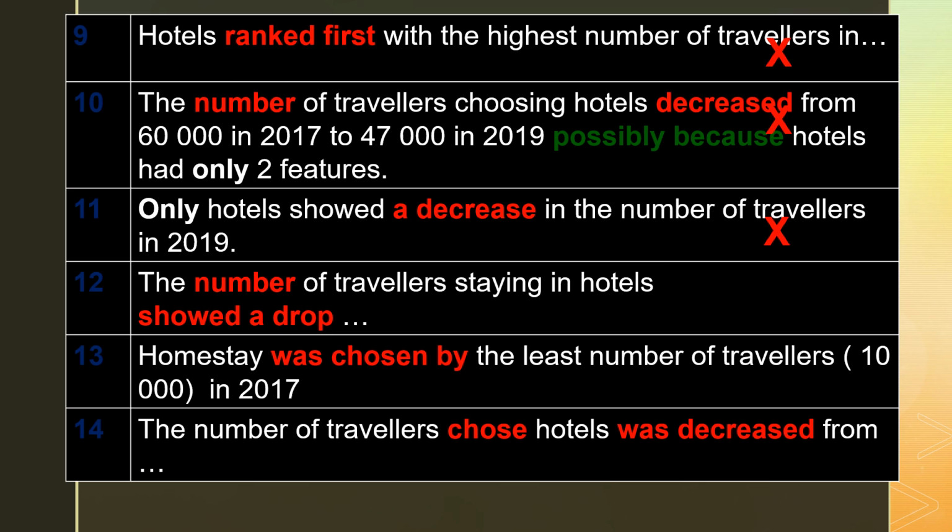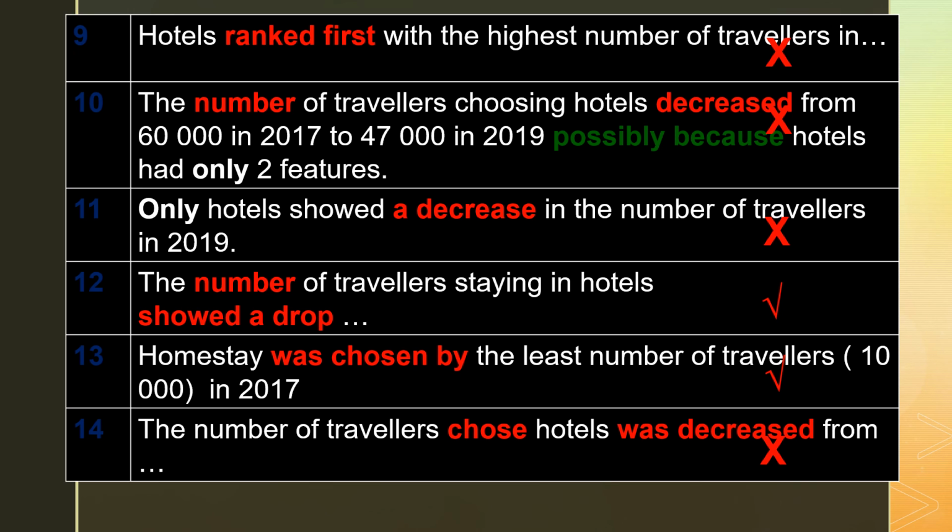Right? The number of travelers staying in hotels showed a drop. Yes. Show a drop in the noun form. Okay. In the passive form, homestays were chosen by the least number of travelers, 10,000 in 2017.